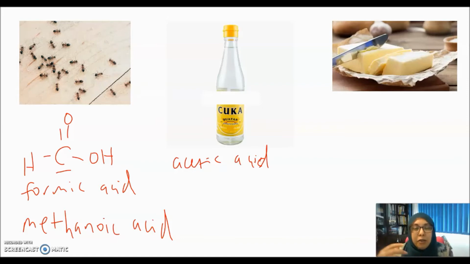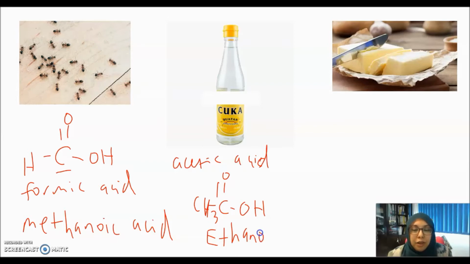The structure looks like this, with CH3 instead of hydrogen. We have two carbons now, so you say eth, and follow with ethanoic acid.